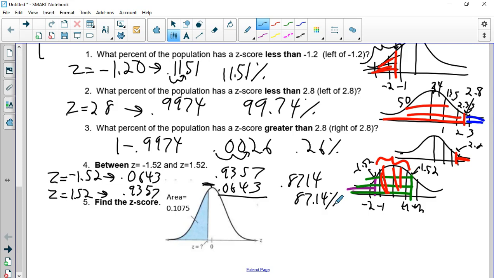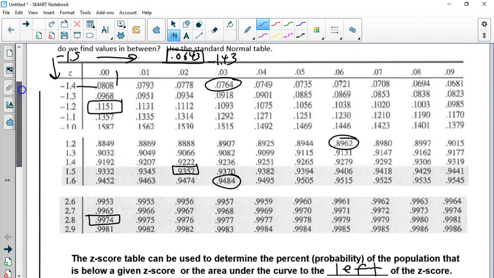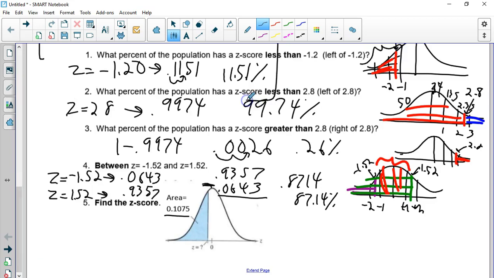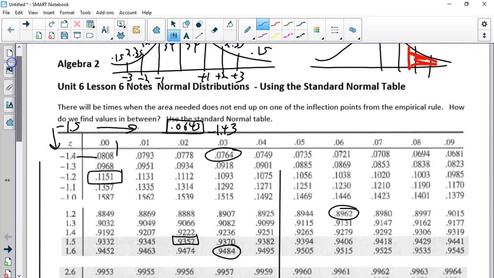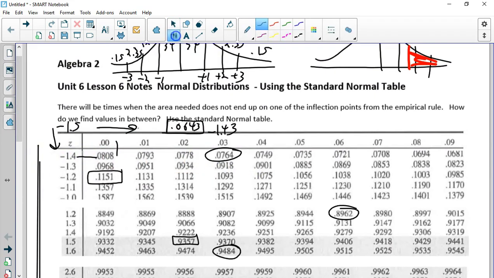Okay? Now, we can also go backwards, as in number 5. Here's our area, 1075. So we're going to go up here and try to find 1075. Boom. Well, it disappeared on me. Let's try that again. 1075 is right here.